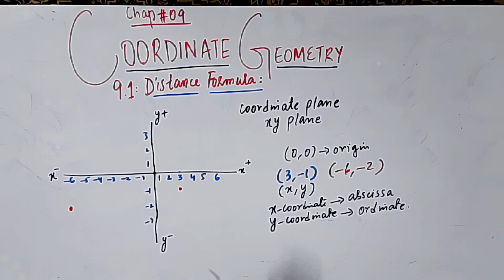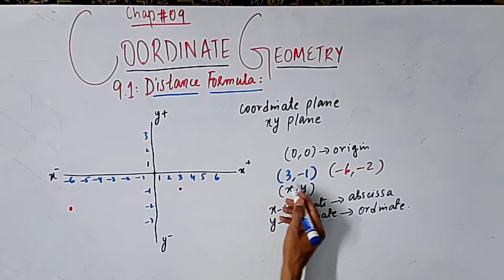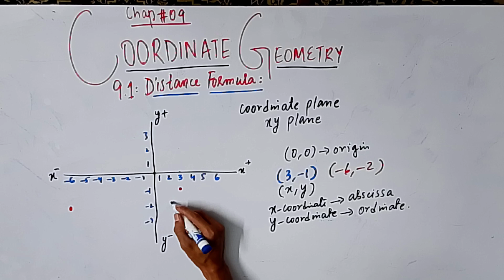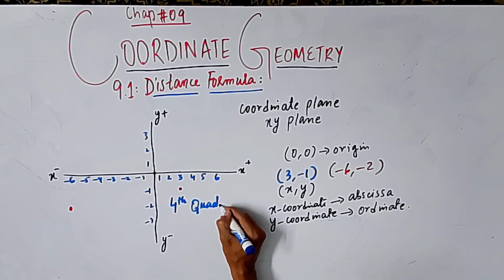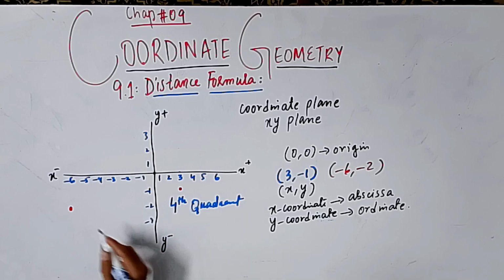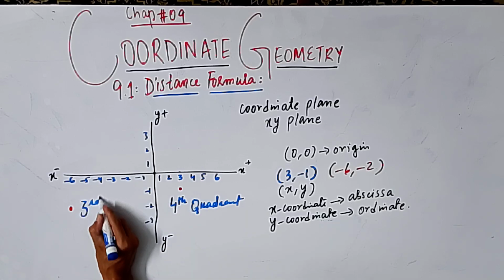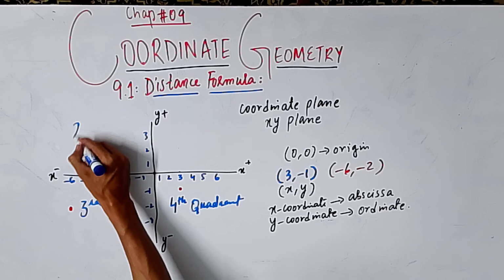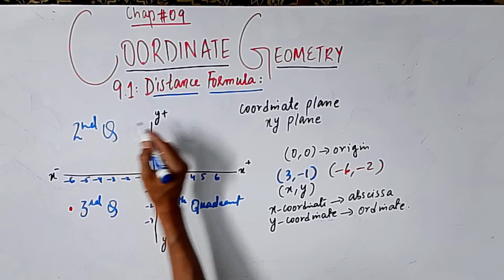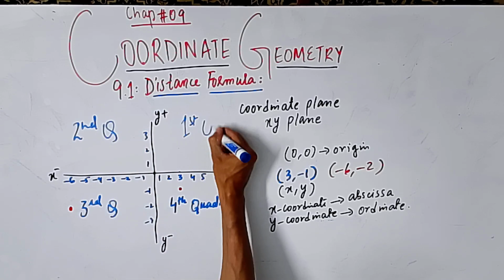For example, the point that we have plotted, 3 comma minus 1, is in the fourth quadrant. This point is in the third quadrant. This area is called the second quadrant. And this area is called the first quadrant.